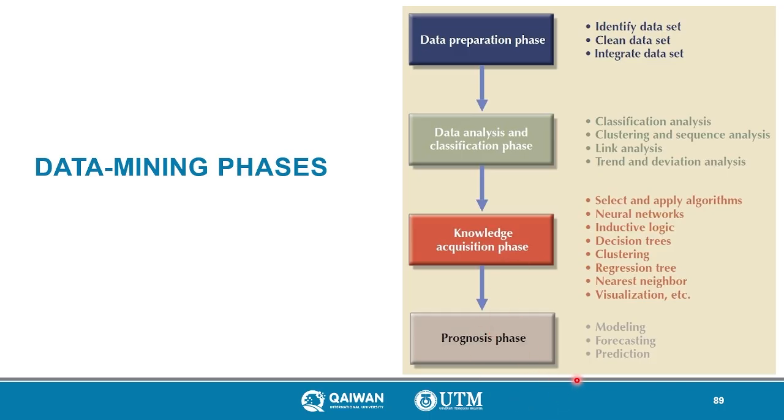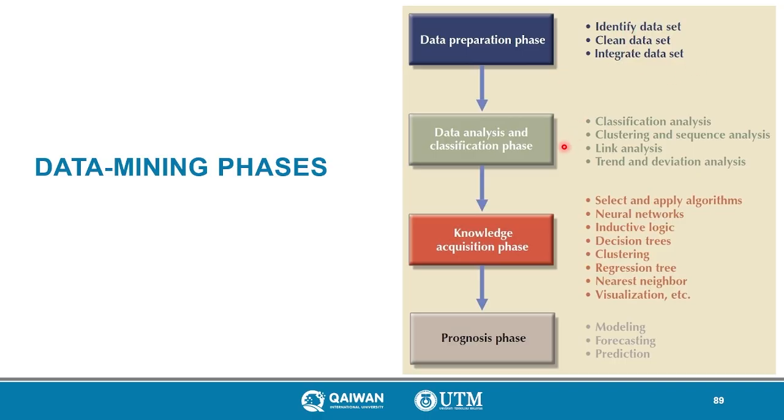Now, in the principle of data management, you would study the data mining in detail, and all of the steps would be explained. However, in data preparation phase, identify data set, clean data set, and integrate the data set.